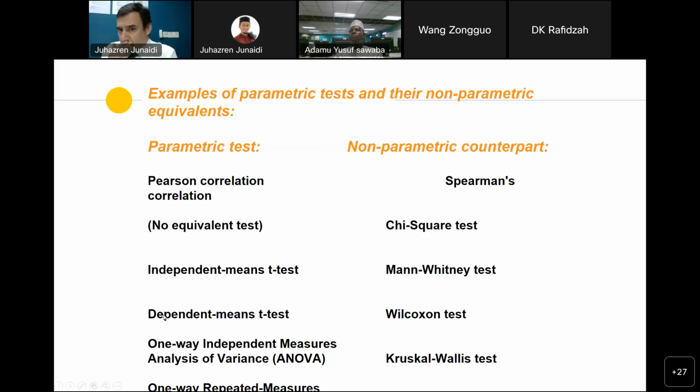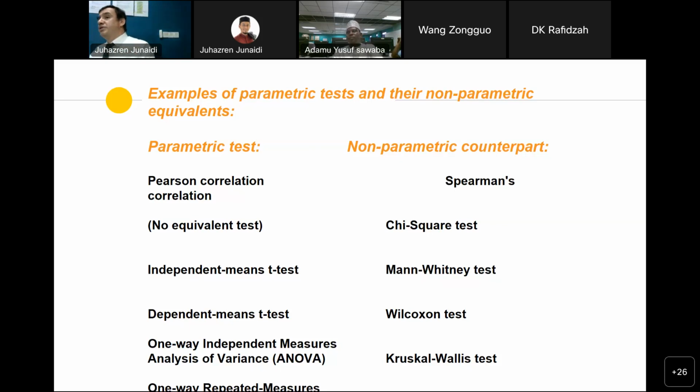If you are comparing means from different samples, you can use the independent means t-test. The counterpart of the independent means t-test, if you do not have enough size, if the data is not normal, is the Mann-Whitney test.